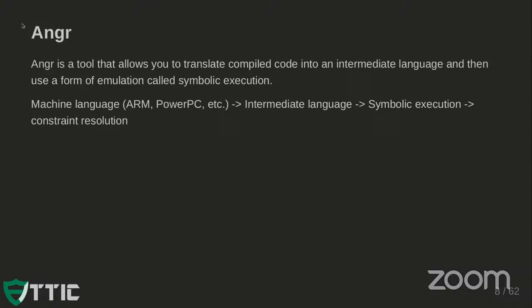Those are the constraints. At the end, if the constraint solver succeeds, you'll have at least one state with the input that you want. If it cannot reach a solution, it will raise an exception and bail out.